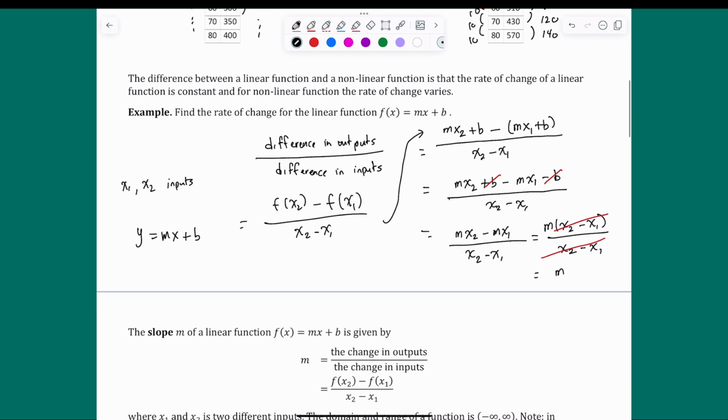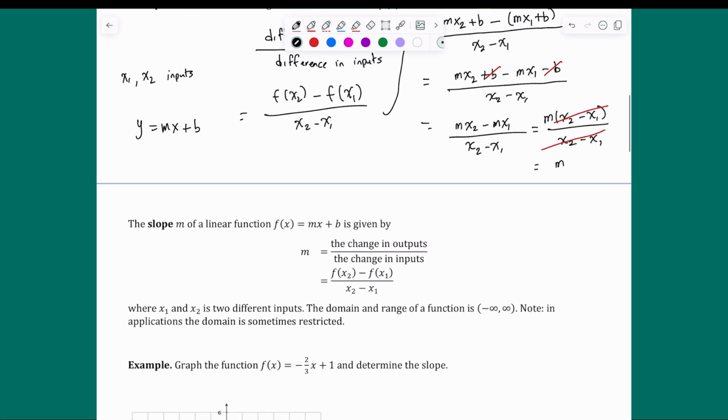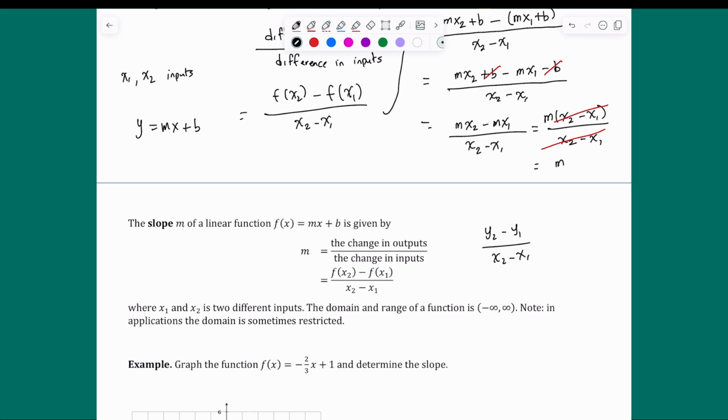So the slope m of a linear function f of x equals mx plus b is given by m equals the change in outputs divided by the change in inputs, which is the formula f of x2 minus f of x1 over x2 minus x1. That's your slope, which we knew before as y2 minus y1 over x2 minus x1.